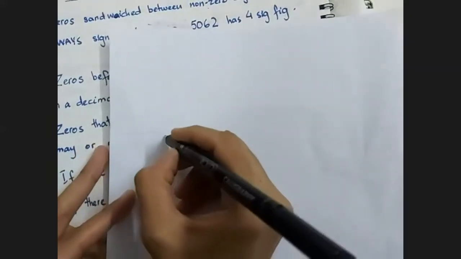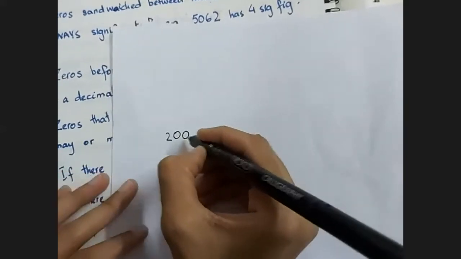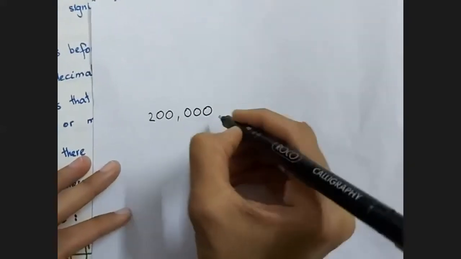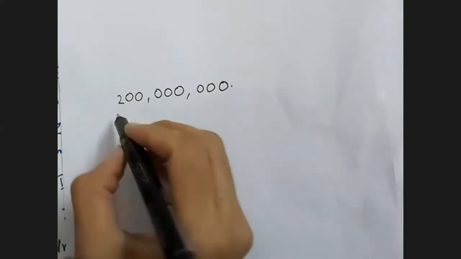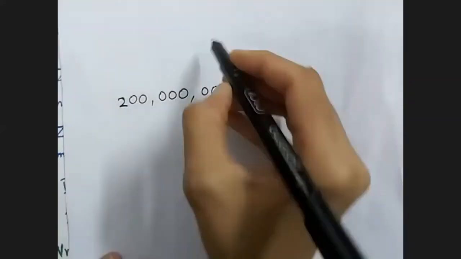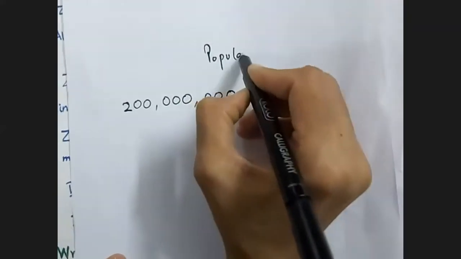For example, let's say that I am talking about the population of Pakistan. I tell you that the population of Pakistan is 200 million. I give you this number and I tell you that this is the population of Pakistan.